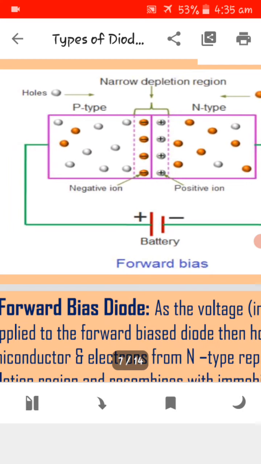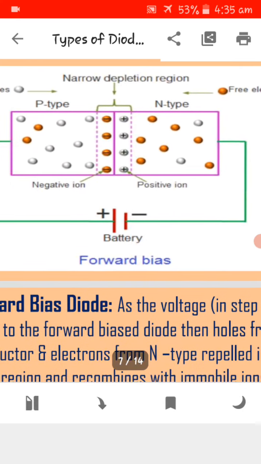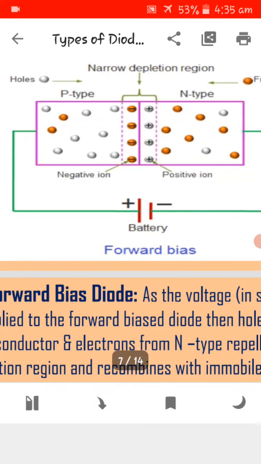Similarly, holes flow from the p-type semiconductor to the n-type semiconductor and the negative terminal of the battery, and hence maximum current is flowing through the diode from anode to cathode. Conventional current is considered to flow from the positive terminal of the battery to the negative terminal.